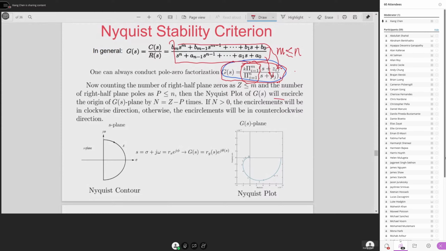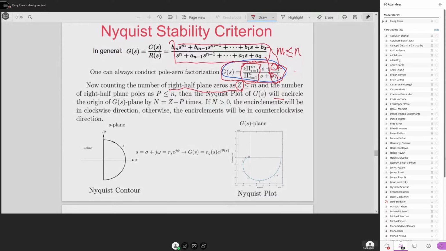Once we conduct this factorization and find the values of z_i and p_j, I can easily identify how many right half plane zeros there are. We're going to use the symbol Z to represent the number of right half plane zeros.